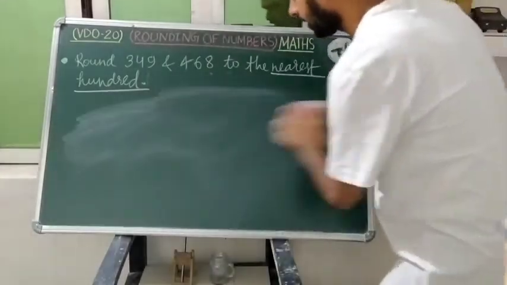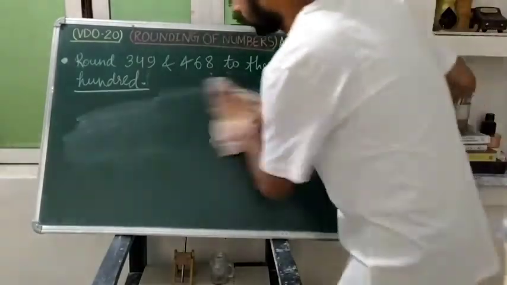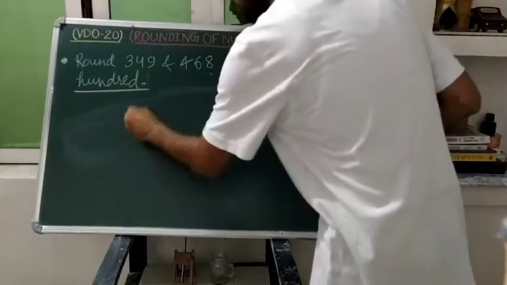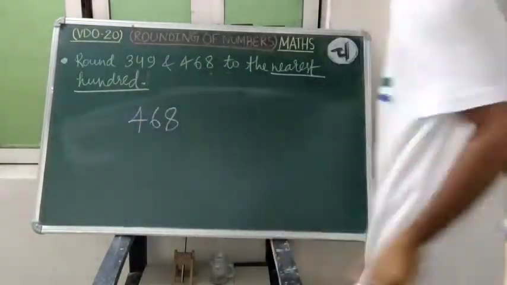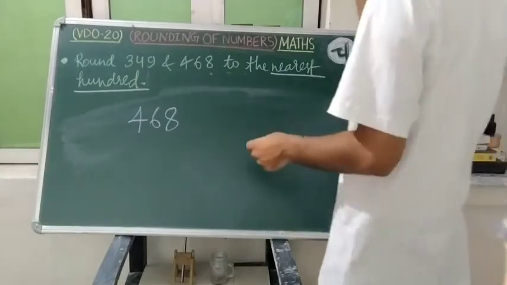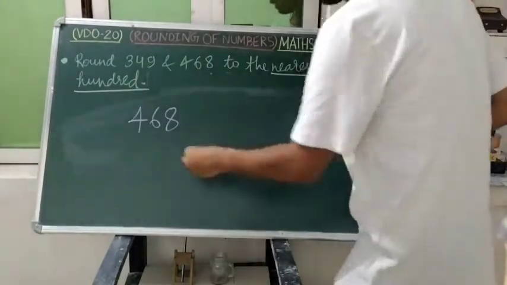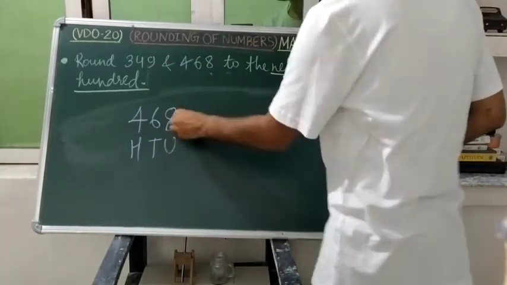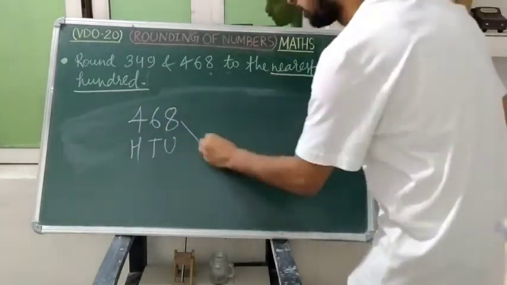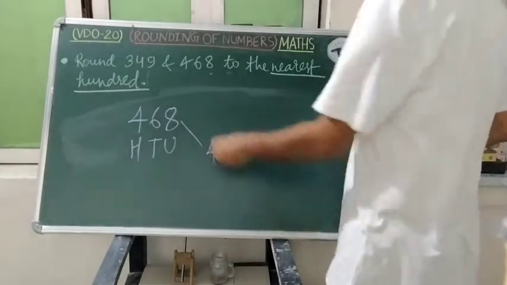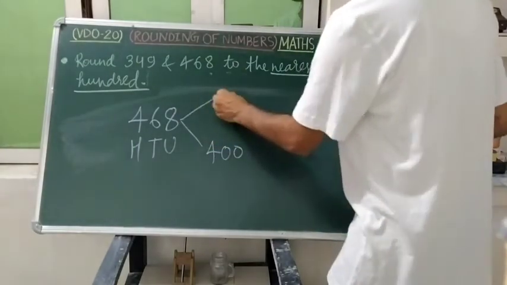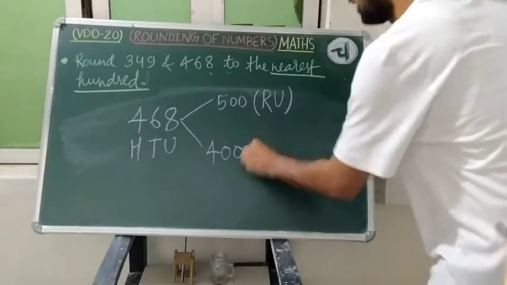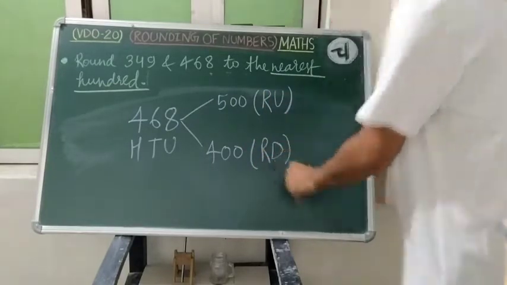The second one is saying to us 468 is present, and we want to round to the nearest 100. At the 100 place 4 is present. So the multiple of 100 four times, multiple of 100 five times will become 500. It is nothing but our round up, and the other is our round down.